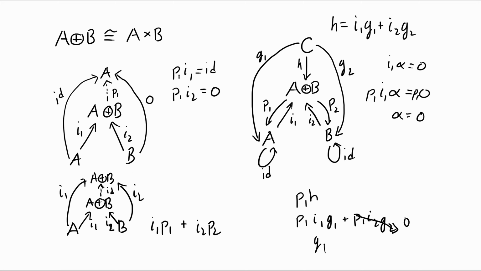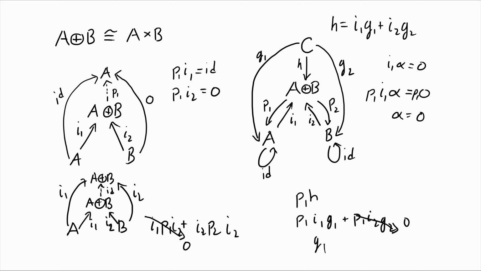How so? Let's think. Well, if we precompose it with I2, what happens? So P1 I2 is just 0, right? So this one is just 0.